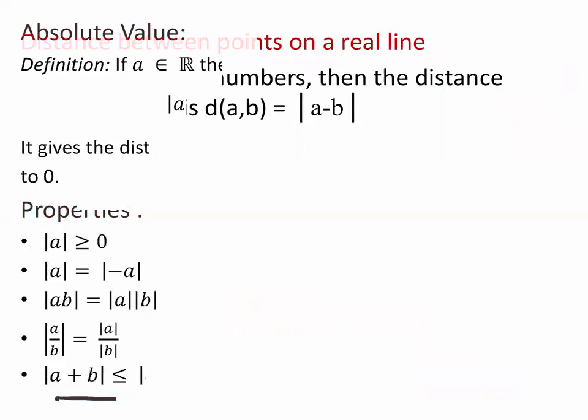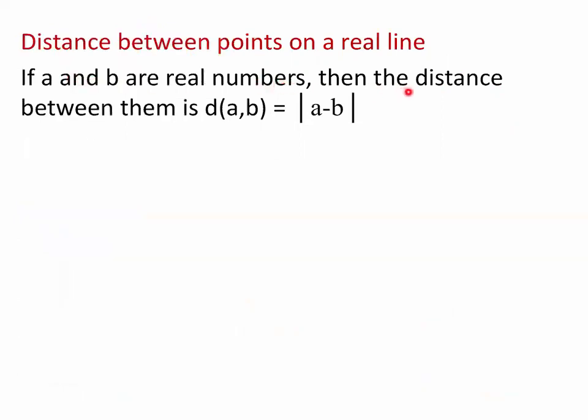Then we shall define the distance between two points on a real line. If a and b are real numbers, then the distance between them is denoted by d of a comma b, which is nothing but the absolute value of a minus b.